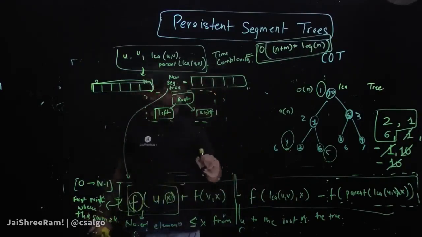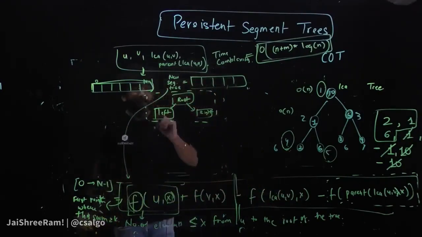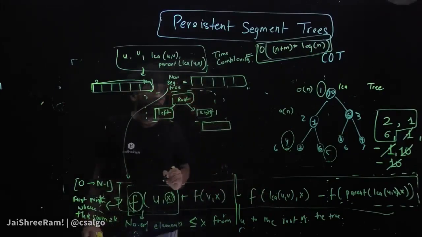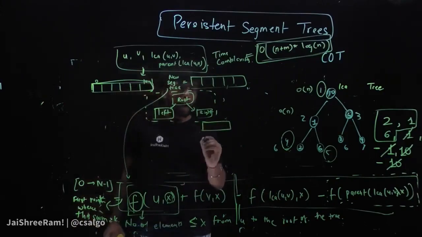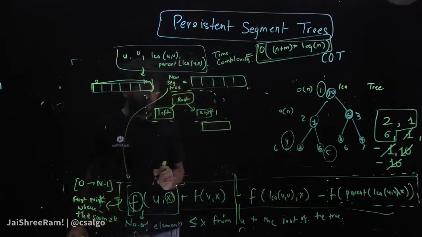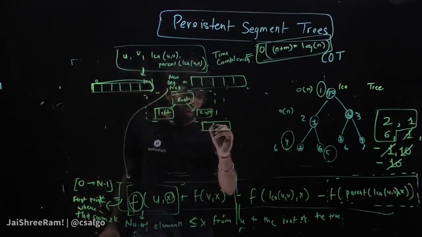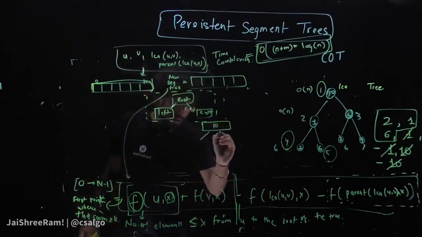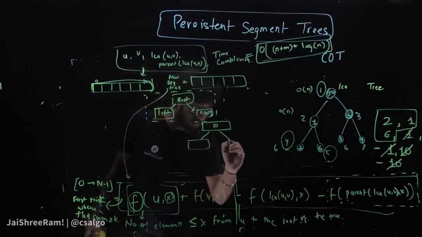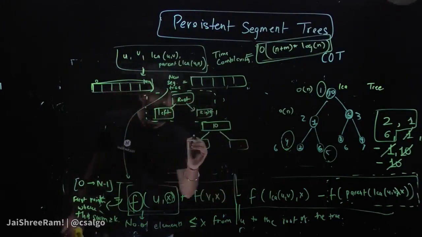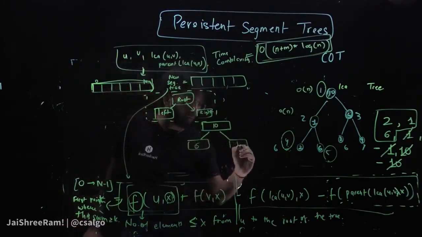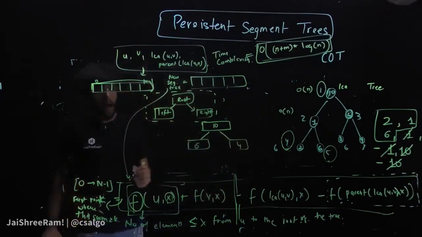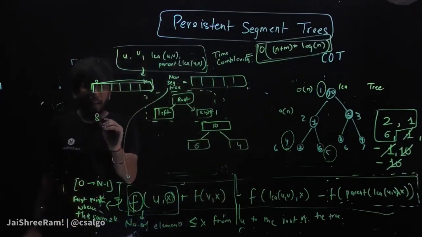So now if I need to find the kth element, if I know that in the new segment tree I have 10 elements in total, wherein 6 elements lie over here and 4 elements lie over here, I need to find out the 8th element.